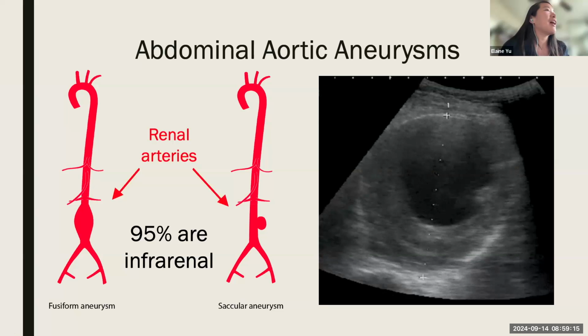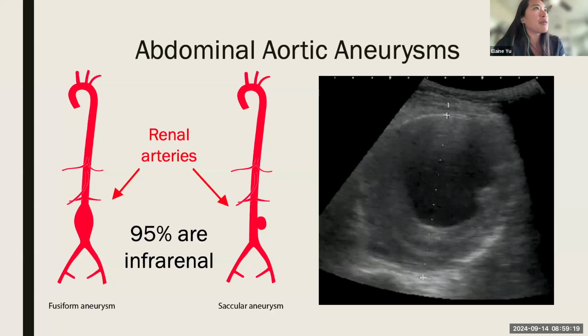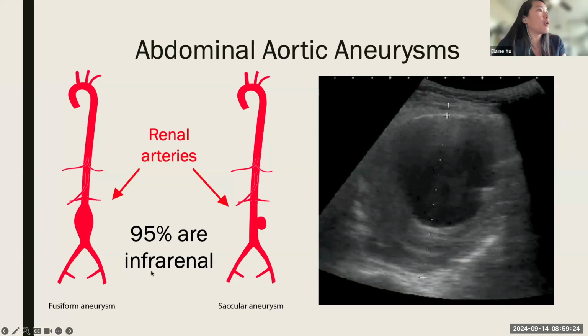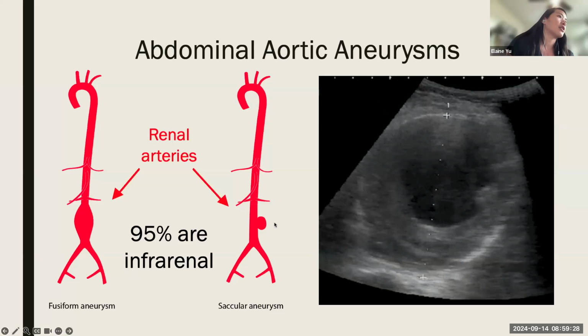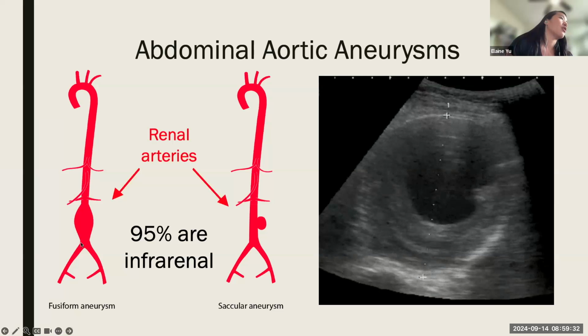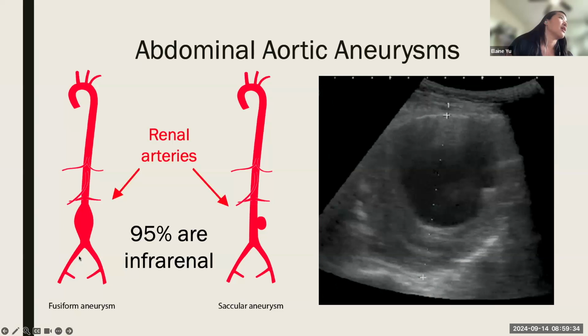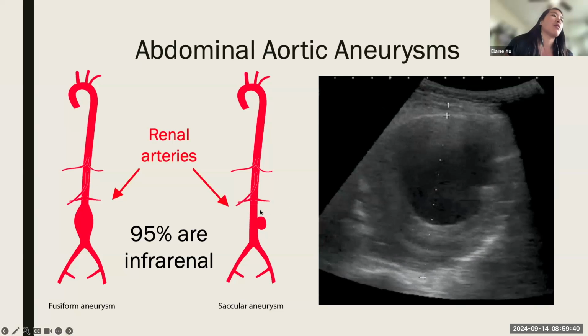So talking about aneurysms in general, most abdominal aortic aneurysms are going to be below the level of the renal arteries. And the two types of aneurysms that we can identify are either fusiform, where it's almost like the whole aorta is nice and big, whereas a saccular aneurysm will be like a little outpouching from the side of the aorta.